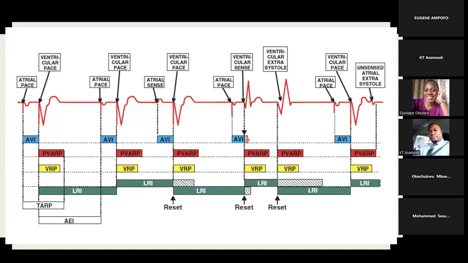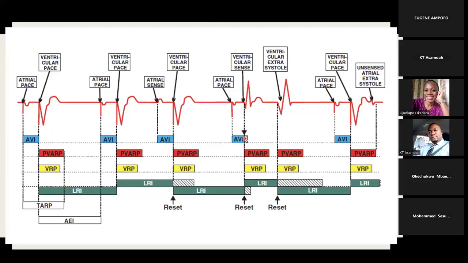But before this person reached the end of the AVI, there was a ventricular impulse that was sensed. So the AVI was truncated, and then the ventricle was inhibited. This is what is meant by dual triggering and inhibition.